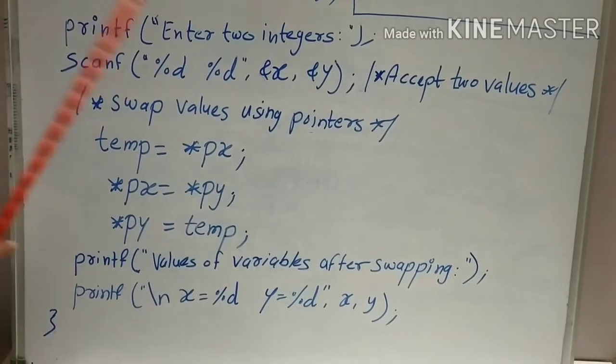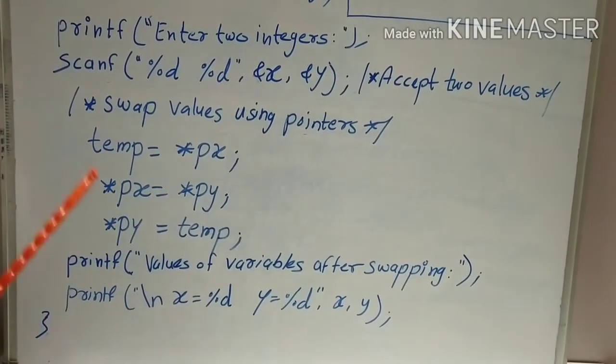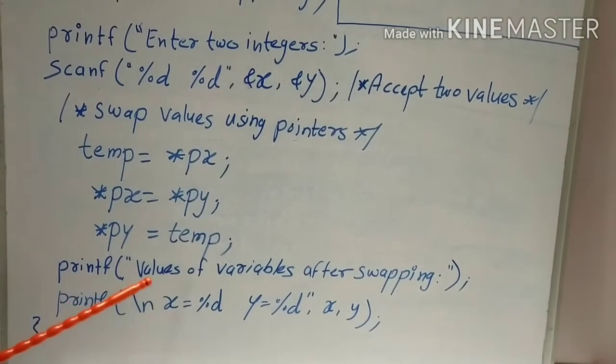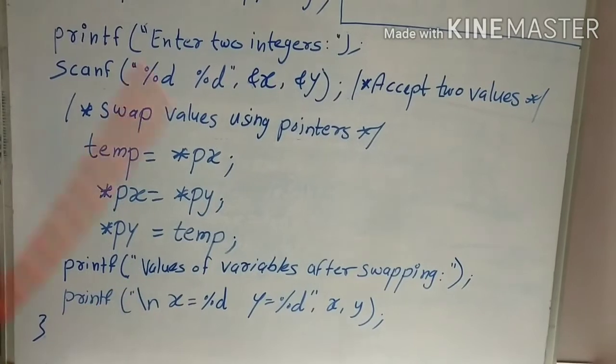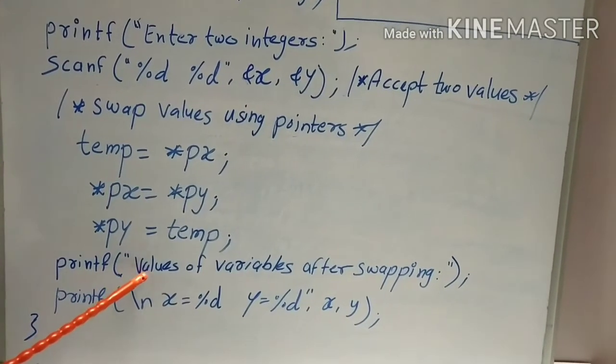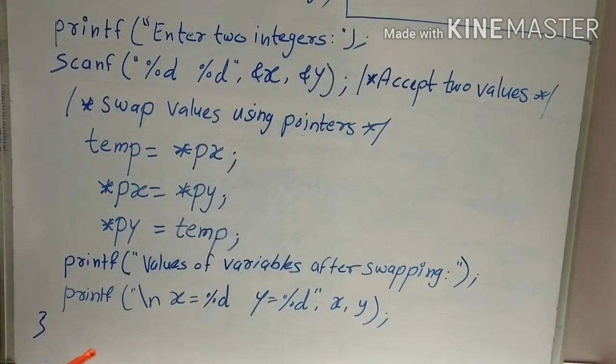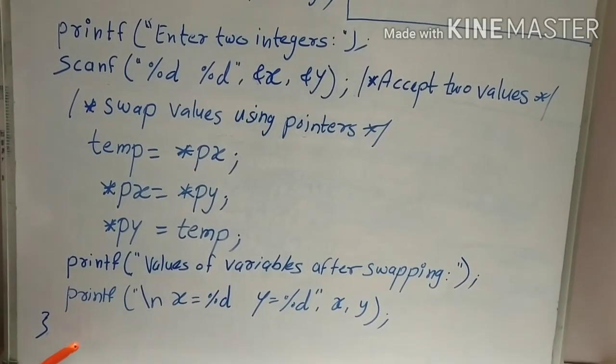It will become the steps for swapping values using pointers. That is a simple thing we can do here, and the program will become one using pointers. After performing these steps, we can display the values of variables x and y. We will get the values swapped.